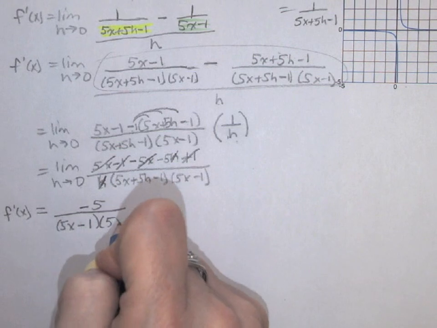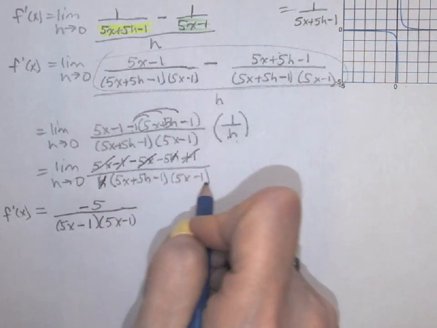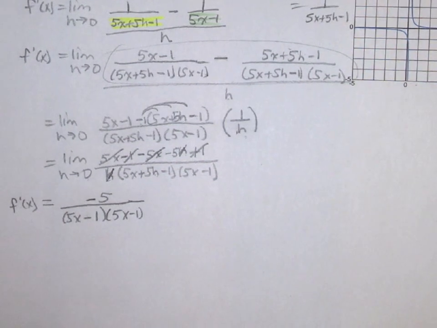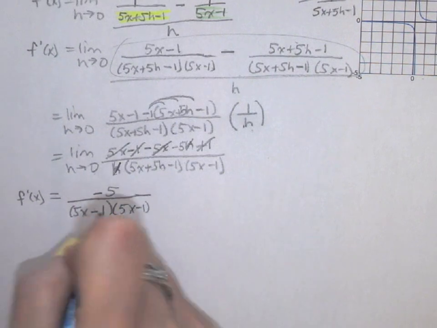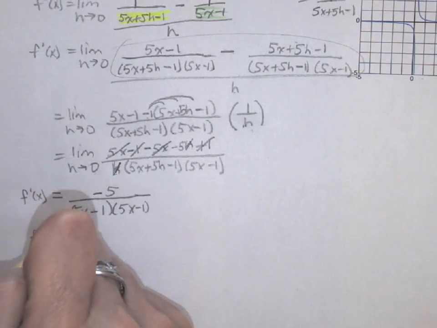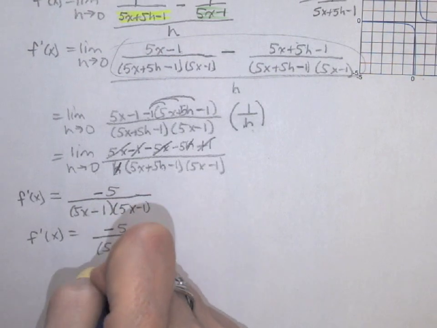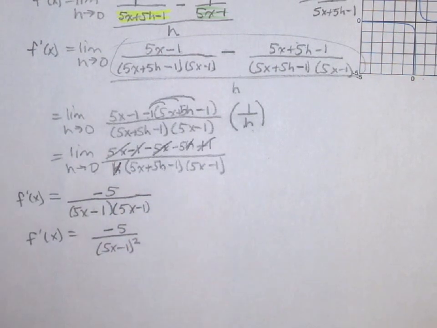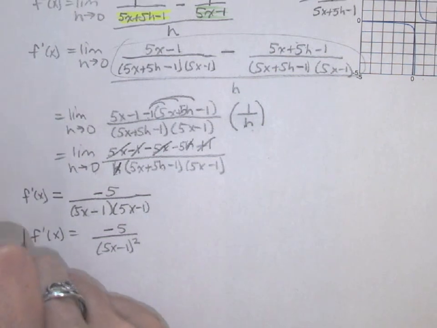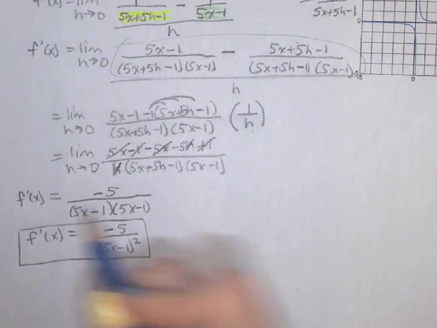And then times another 5x minus 1, not dependent on h at all in that bracket. Or, since these are the same binomial, I could write f prime at x is equal to negative 5 over 5x minus 1 all squared. So that's the derivative formula.